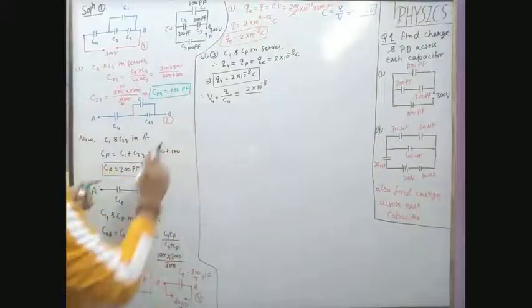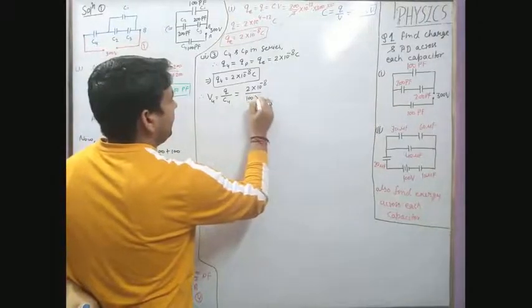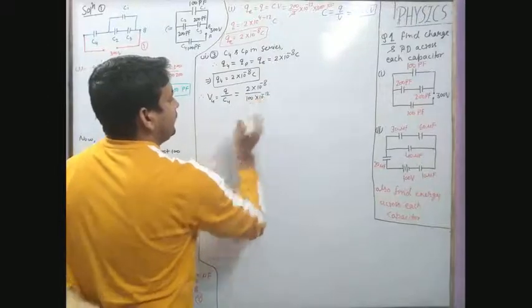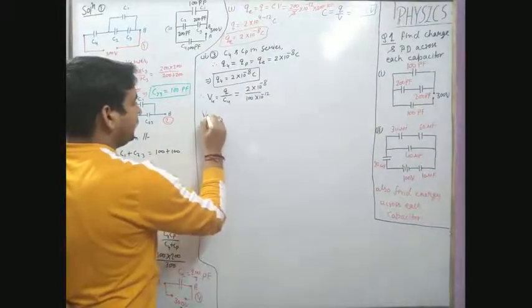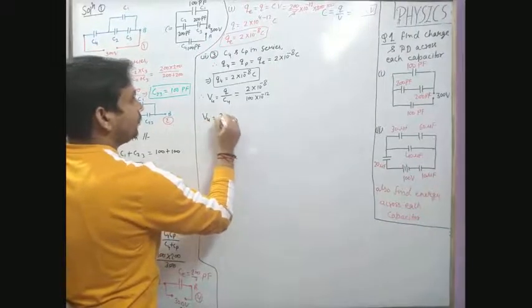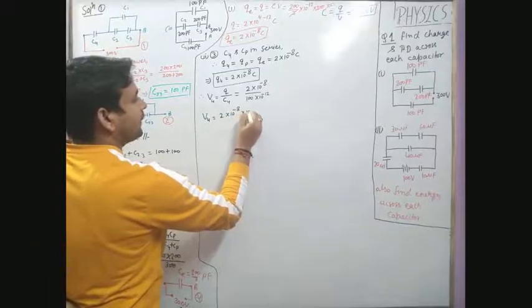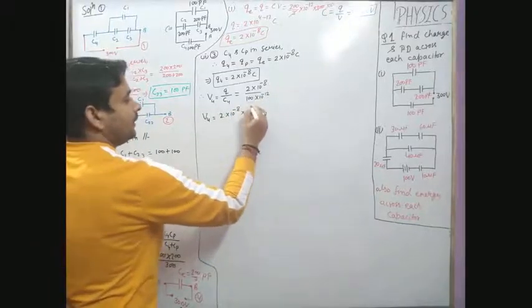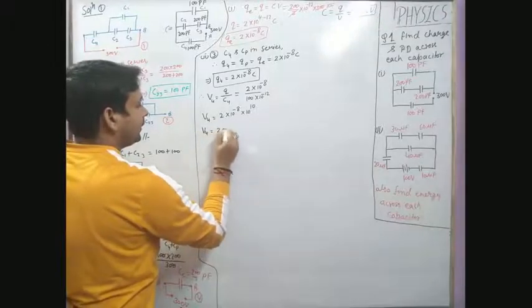That C4 is equal to 100 picofarad, that means 100 into 10 to the power minus 12. When you solve this, you will get V4 is equal to 2 into 10 to the power minus 8 into 10 to the power 10 (the 100 cancels), which means V4 is equal to 200 volt.